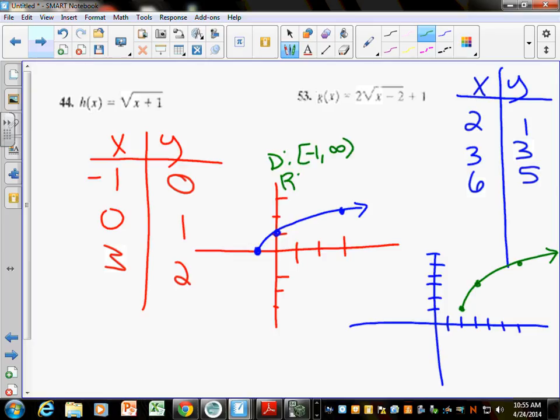The range would be 0 to infinity, because it starts at 0 and goes up. The domain of this would be 2 to infinity, and now it's moved up 1, which means my range has also moved from 1 to infinity.